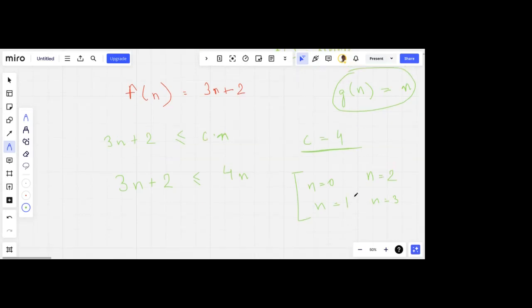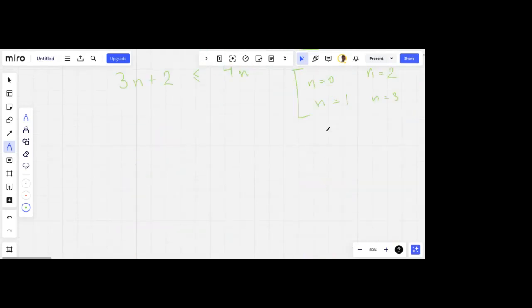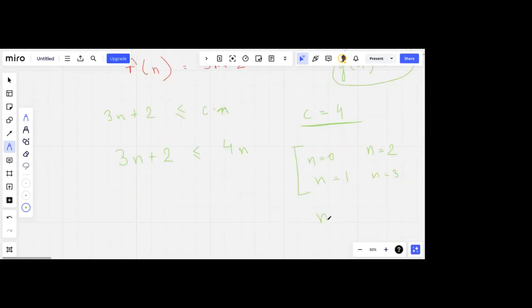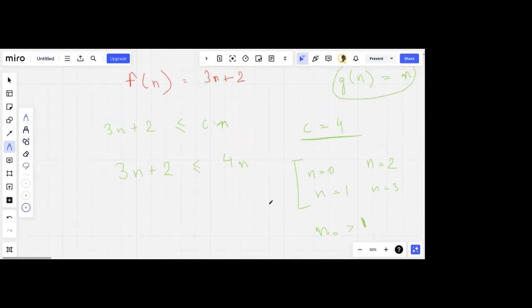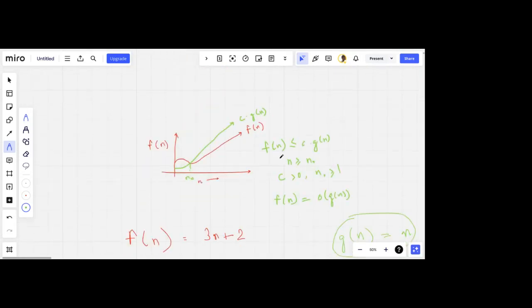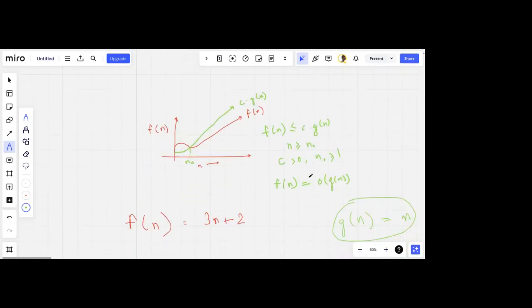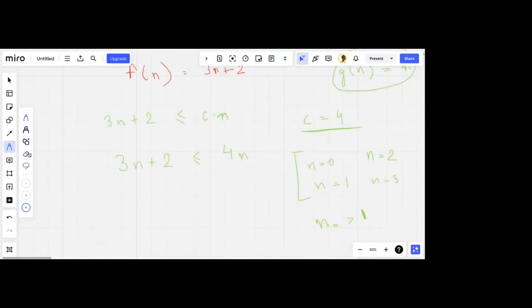Now, guys, don't you think I have got my n naught? Whenever n naught is greater than 1, that means for all n greater than n naught, this statement becomes true, right?